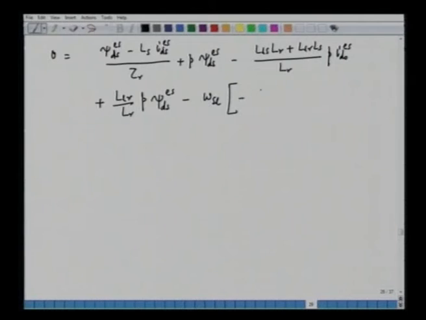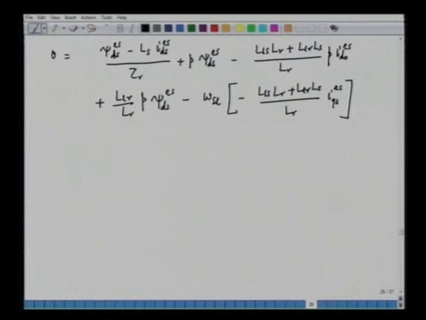So we have minus of LLS LR plus LR LS by LR into IQS ES. Now this equation shows there exists a coupling between IQS and psi ds.